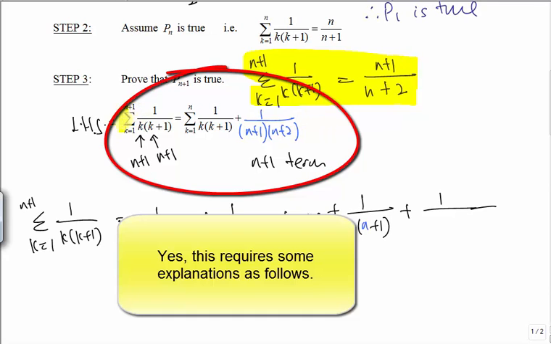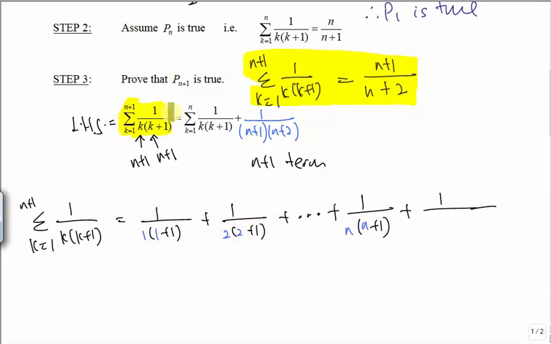Now let's focus on this expression here. If I were to do the expansion, it will be all these terms added together. This will give us the term for k equal to 1, k equal to 2, and this one will be k equal to n. But our last term should be n plus 1.